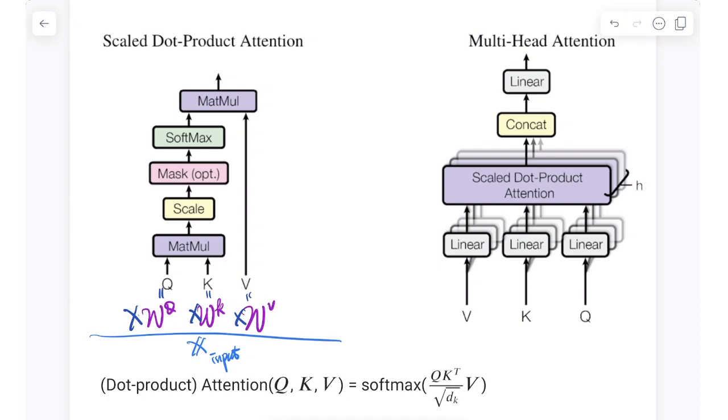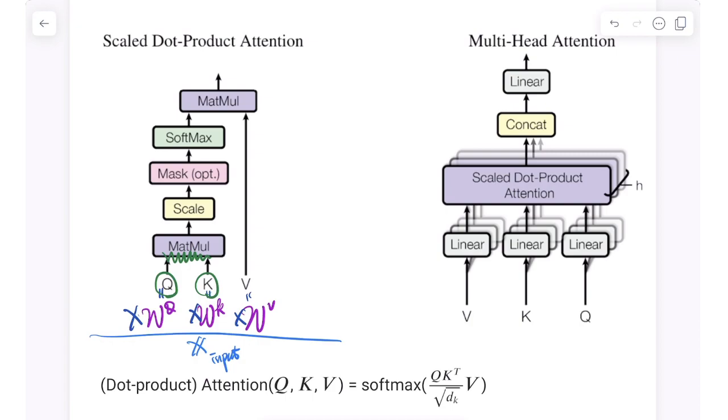Here it is a little bit similar to convolution. We take Q and K, which is query and key, and we do matrix multiplication. It is very similar to what we do in convolution.